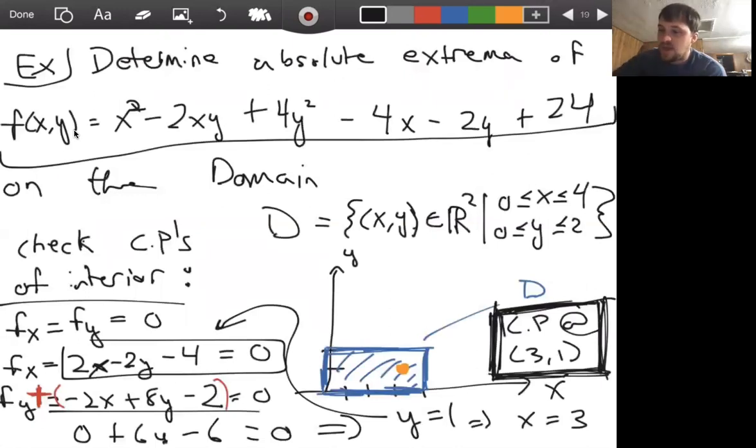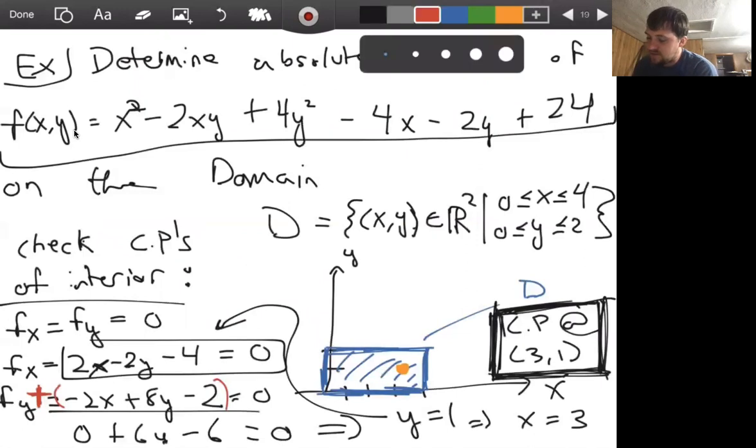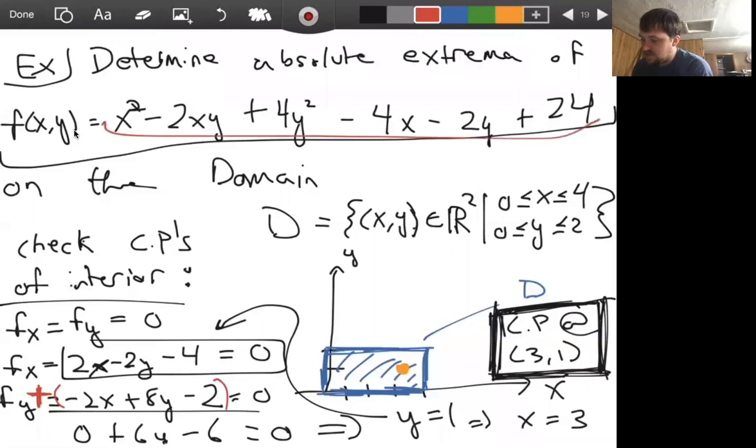If you plug in, remember, x is t now, and y is 0. So looking at g of t, x is t, so we get t squared, and then y is 0, so that term vanishes, that term vanishes. And then we have minus 4t, the minus 2y vanishes, and then plus 24.